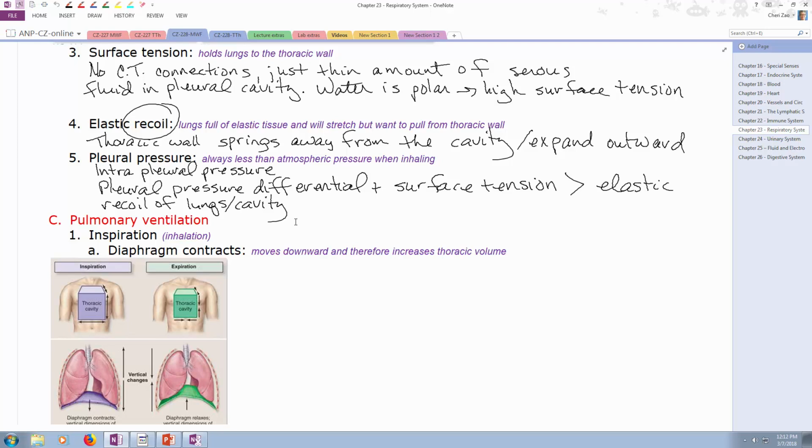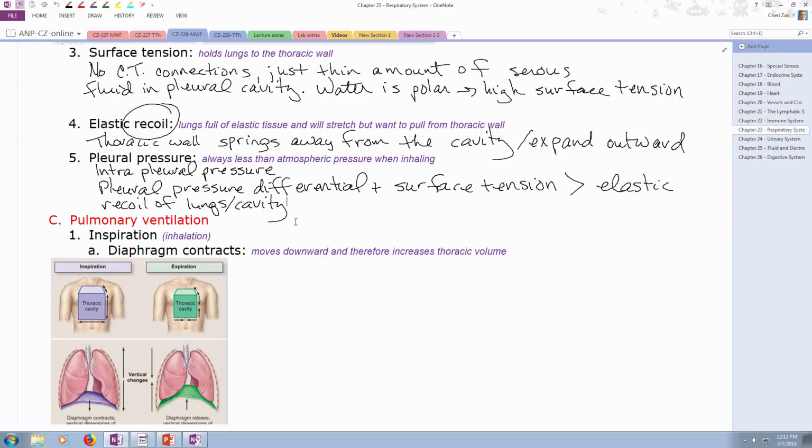It would what? If we tore the visceral pleura, what would happen to that lung? Would it stay inflated? It would collapse. Right.